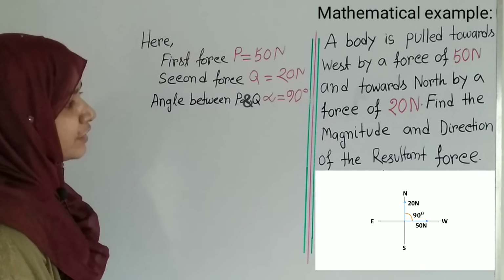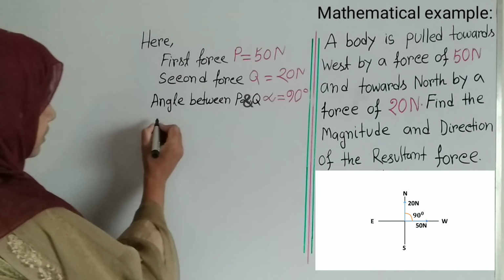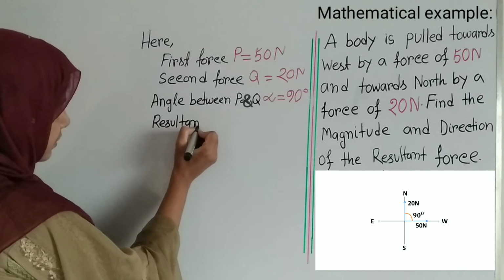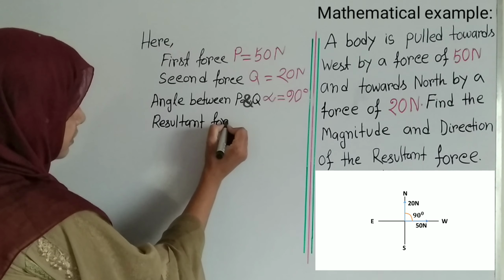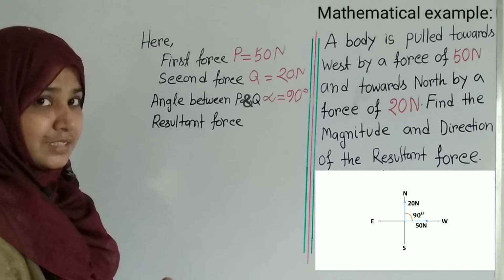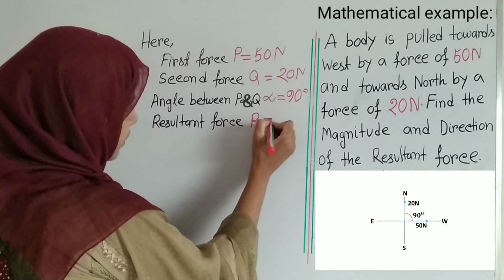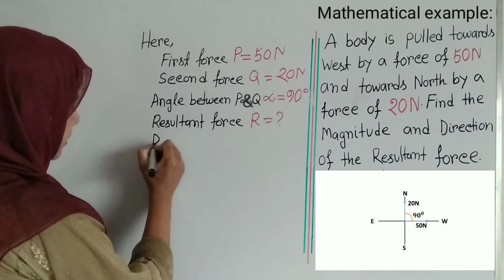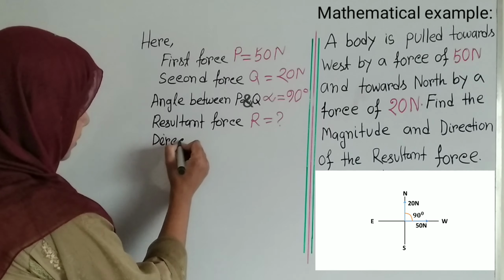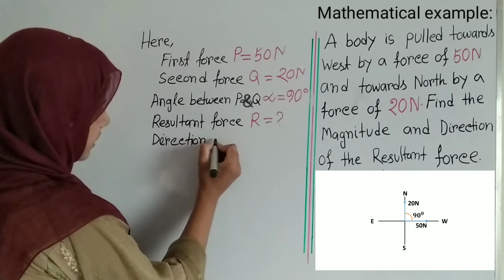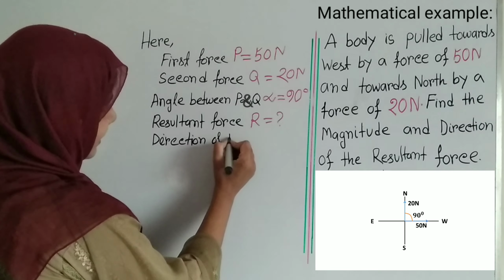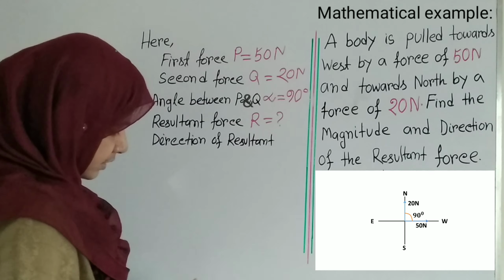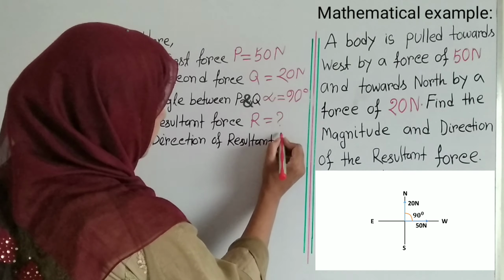And we have to identify the resultant force, which is denoted by R, equals what, and the direction of the resultant, that is theta equals what?